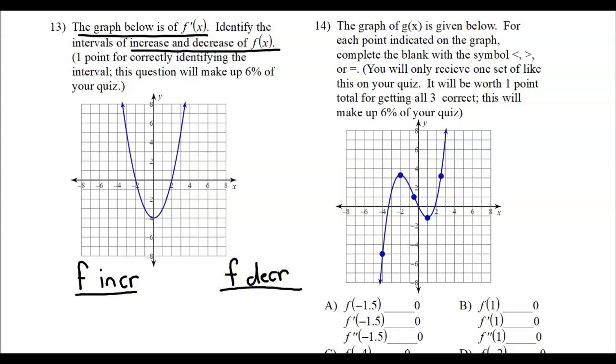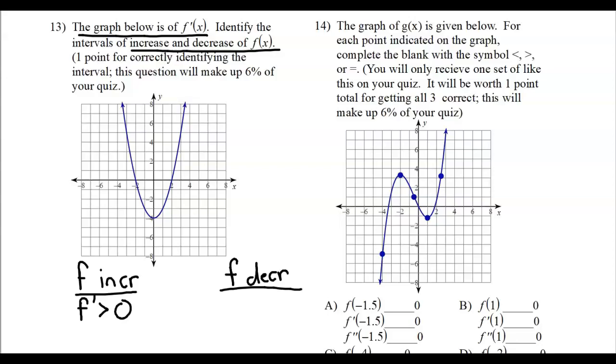Now, f is increasing anytime its slope is positive, or in other words, the derivative is greater than 0. Now, since this is a graph of the derivative, the derivative can be found to be greater than 0 anytime the graph is above the x-axis.